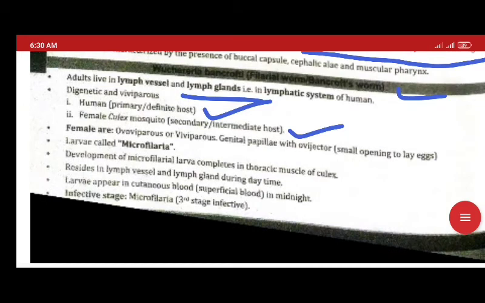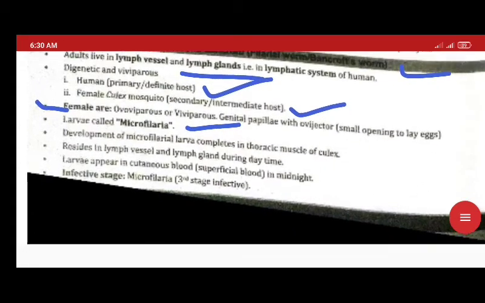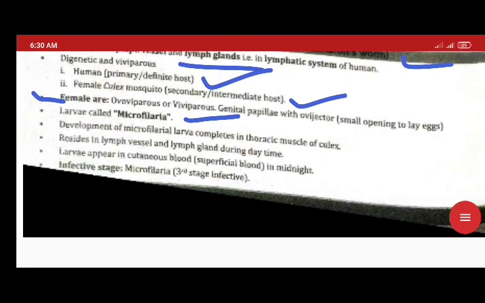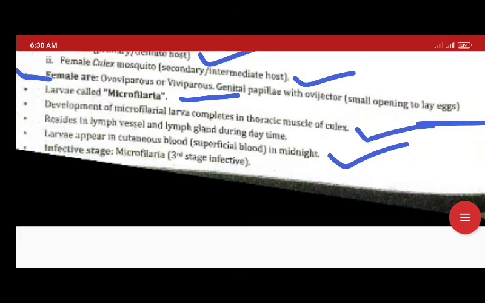The larva is called microfilaria. The female here is oviparous or viviparous. The microfilaria completes development in the thoracic muscles of Culex. The infective stage is the third stage.